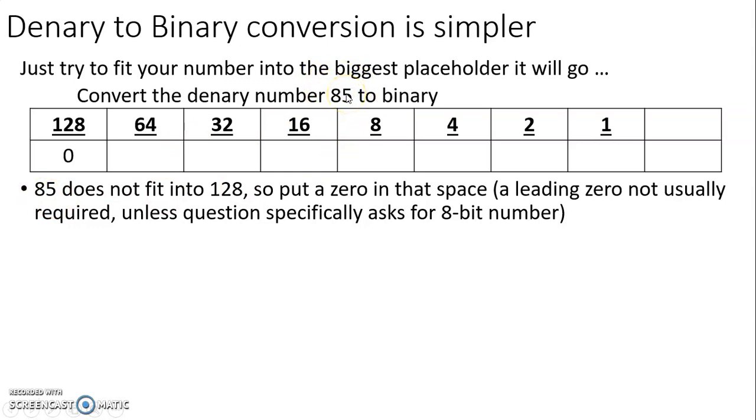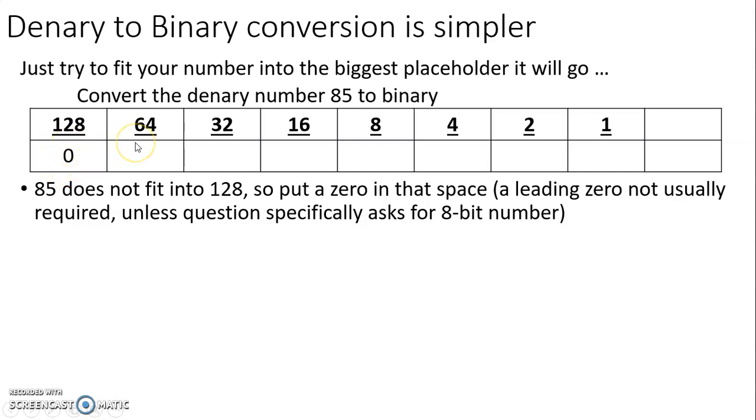So what we do is we take 85 and check if 128 fits into 85. 128 is far too big to fit into 85, so we put a 0.